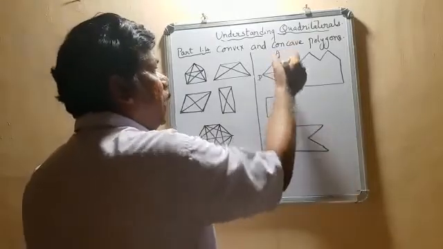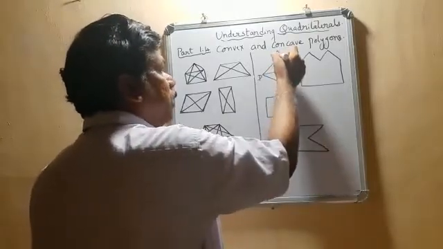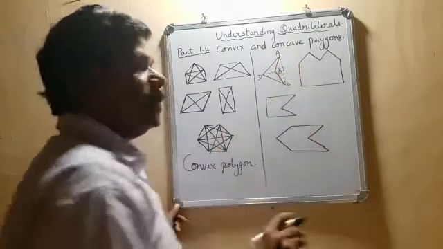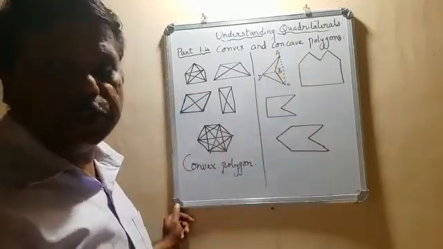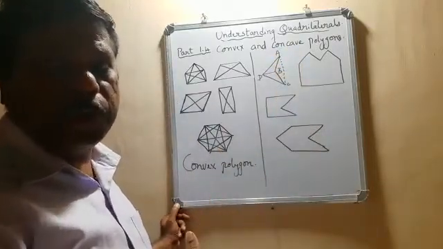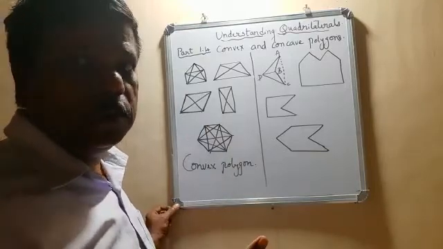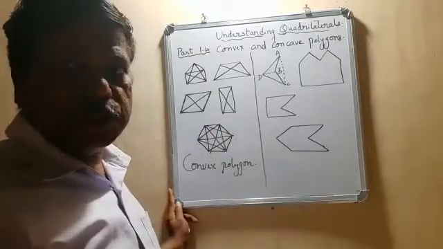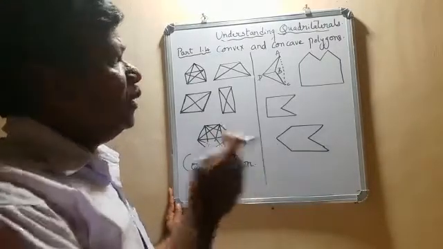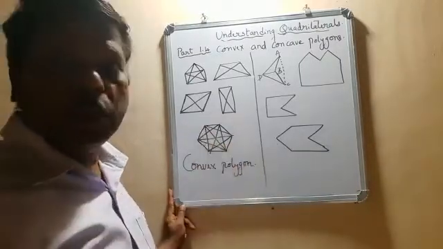From A, if I join here, it is in the exterior region, not in the interior of the polygon. So if I can draw at least one such diagonal in the exterior region, that means it is going to be considered a concave polygon.